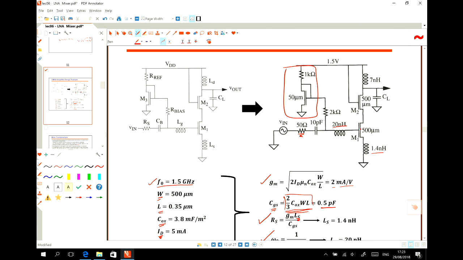But these two transistors, the transistors in the RF part, are the same. This is the DC blocking capacitor. This L and this C are resonating at your frequency and going to match the output. Also, this L is an AC blocking L.